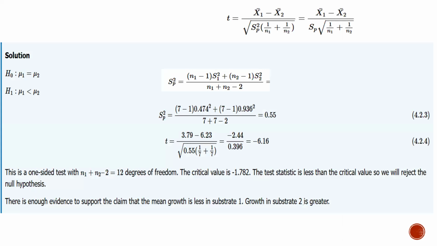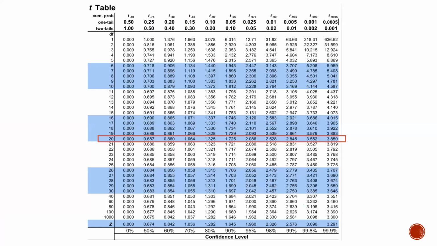So we conclude that the test statistic is less than the critical value, as we know that minus 6.16 is less than minus 1.782. So we reject the null hypothesis. That is, there is enough evidence to support the claim that the mean growth in substrate 1 is less than the growth in substrate 2.